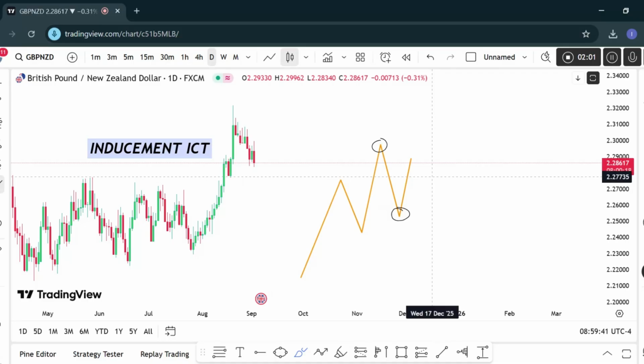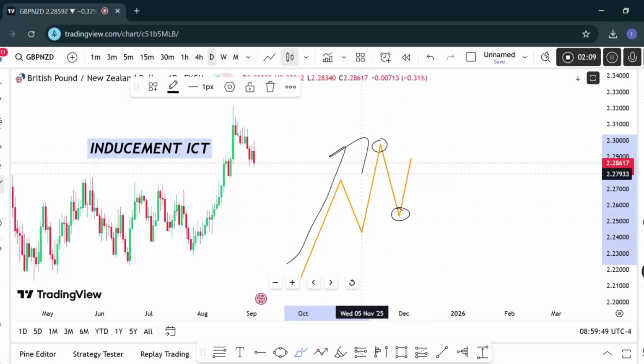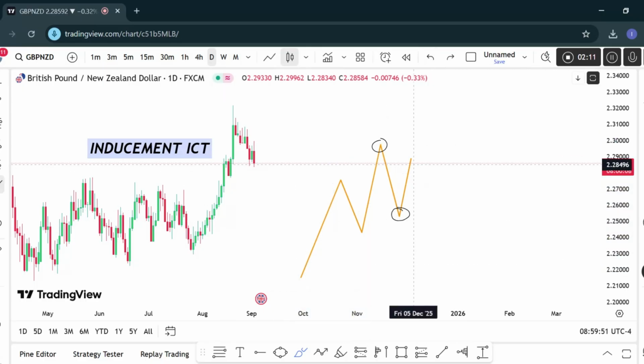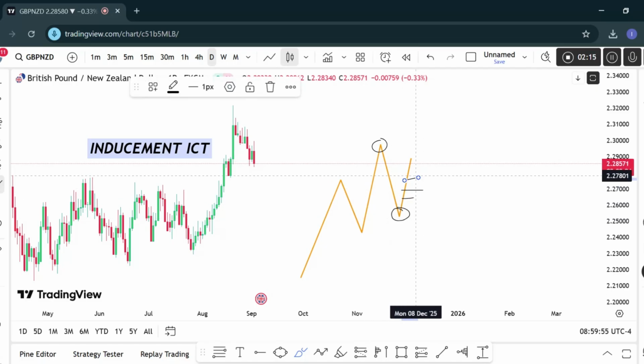Or another thing is the retail already started buying, trying to catch the trend. And then the market makers notice that there are a lot of people buying this, buying that. Market structure shifts, wherever you are using so many confirmations to start buying.